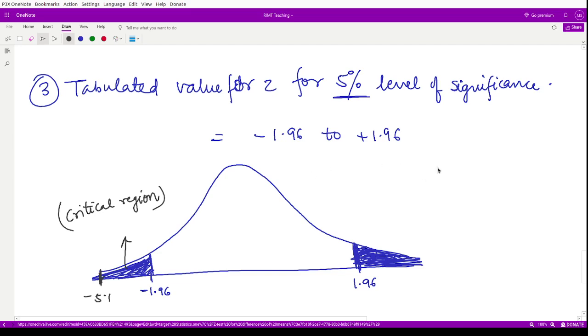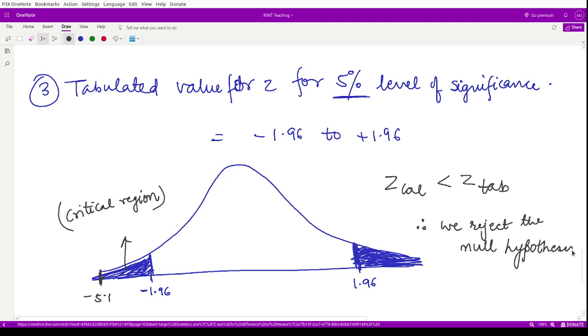Therefore, because your Z calculated value is less than the Z tabulated value, we reject the null hypothesis. So if you reject the null hypothesis, therefore H1, the alternative hypothesis, is accepted.